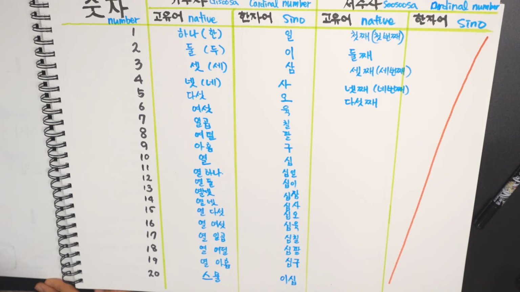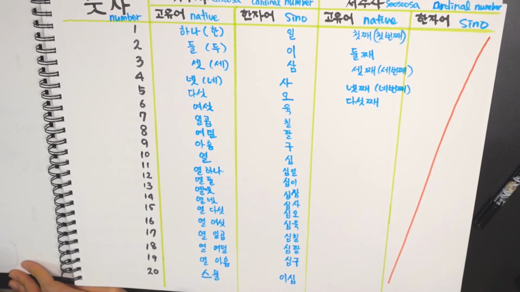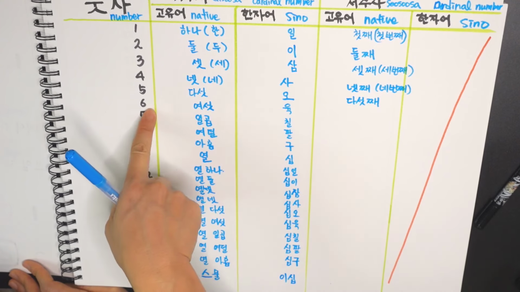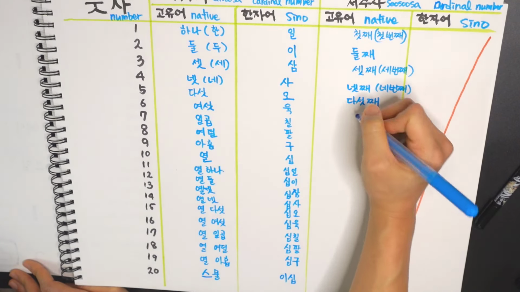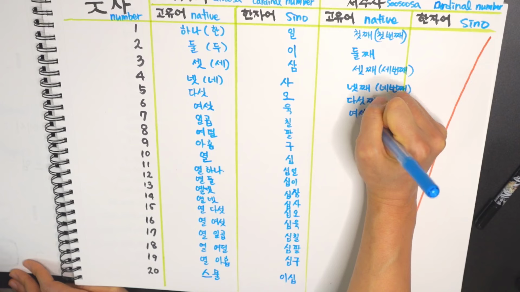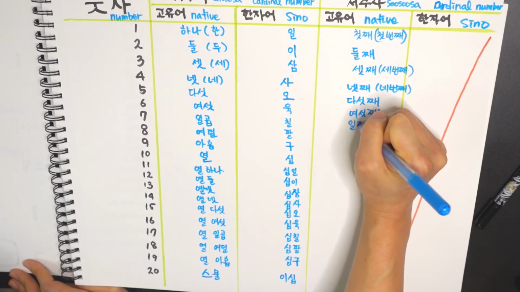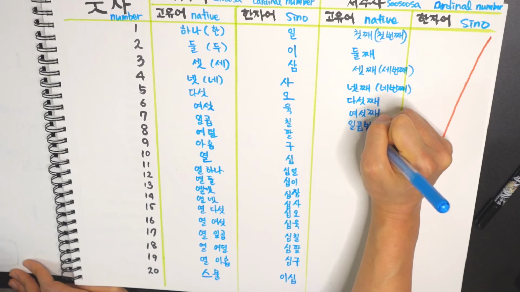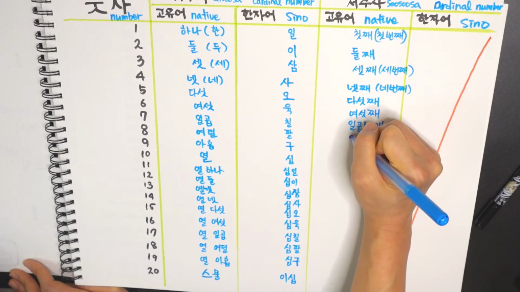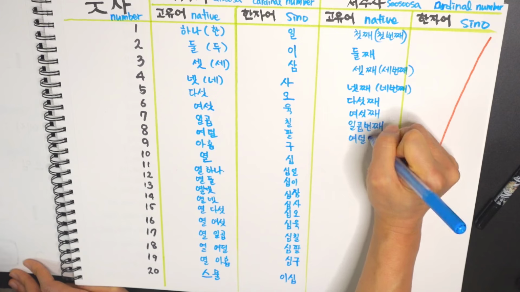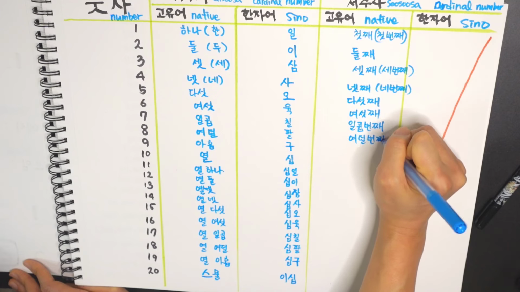Okay? And let's go for the ordinal number system for native. And for this one, 6, we have 여섯째. And we have 일곱 번째. And we have 여덟 번째.